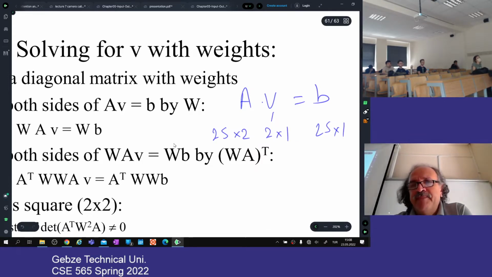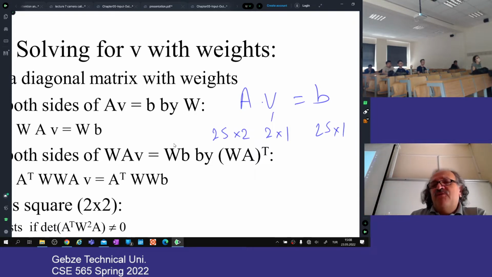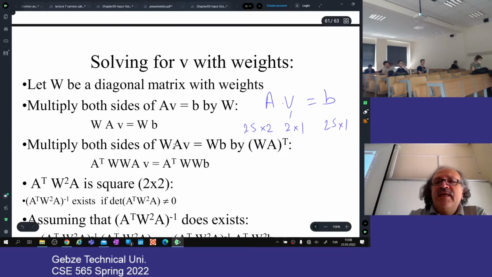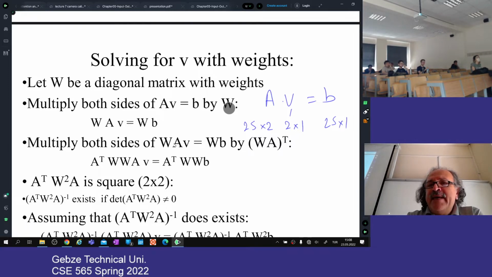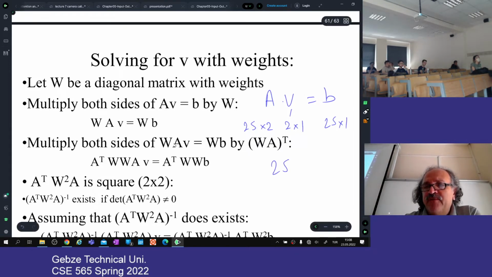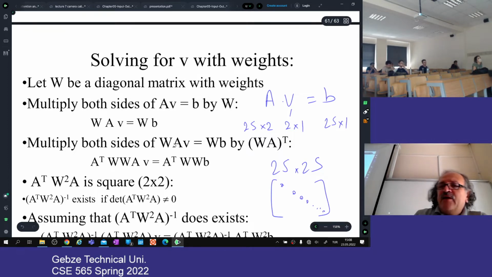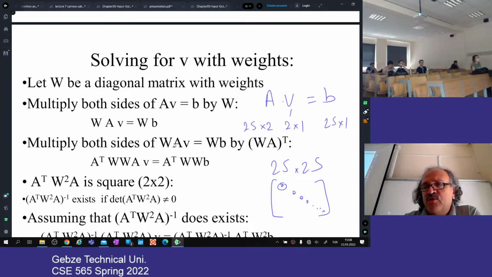Right? Okay. So I have 25 pixels, and for each pixel I like to assign a weight. This is how you do it. Take a W matrix, and it's going to be a 25 by 25 matrix. These are the diagonal values, and this one is the weight for the upper corner pixel, and this is the weight for the lower right pixel, and I have 25 numbers in here.